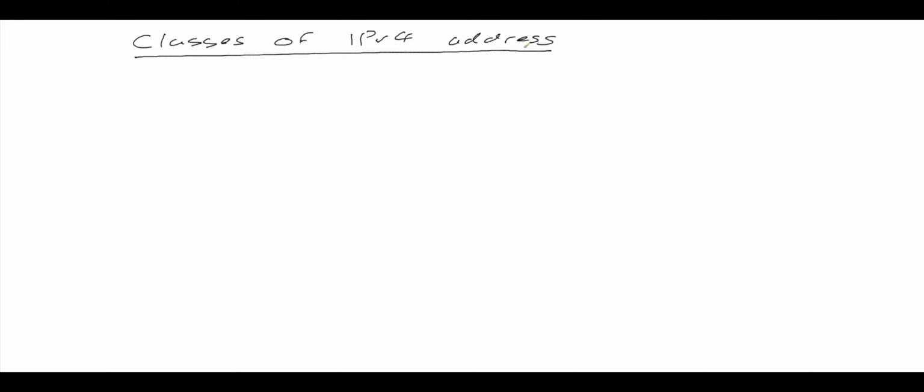So IPv4 addresses are split into various classes, and one of the reasons for doing this is so that we don't just have to have one number of bits in the address to signify the network part, and one number of bits in the address to signify the host part.